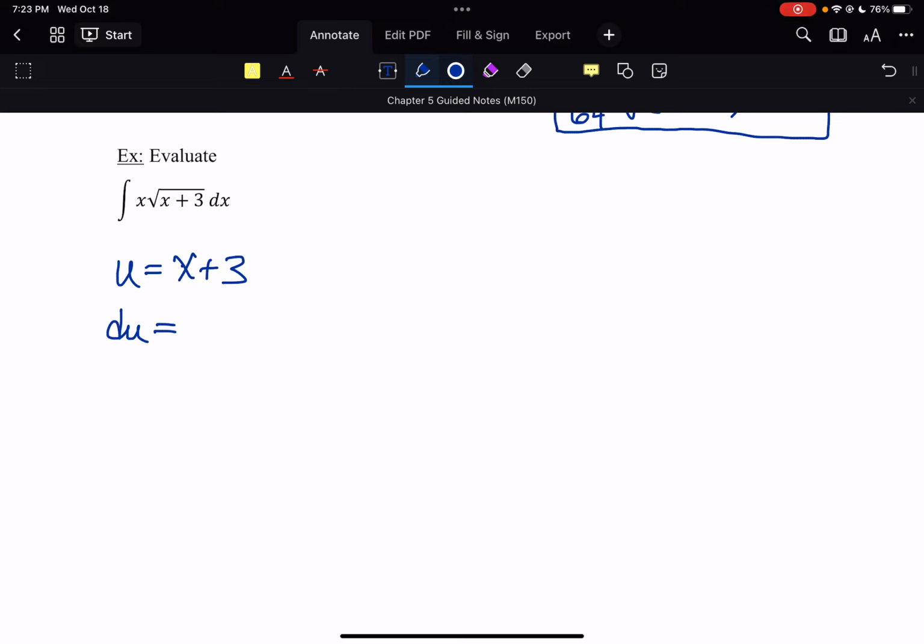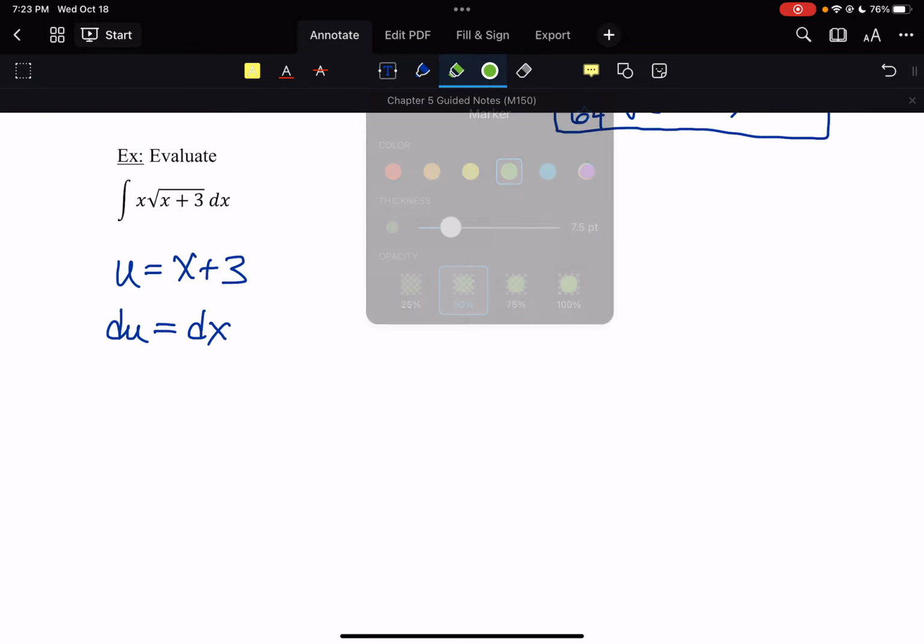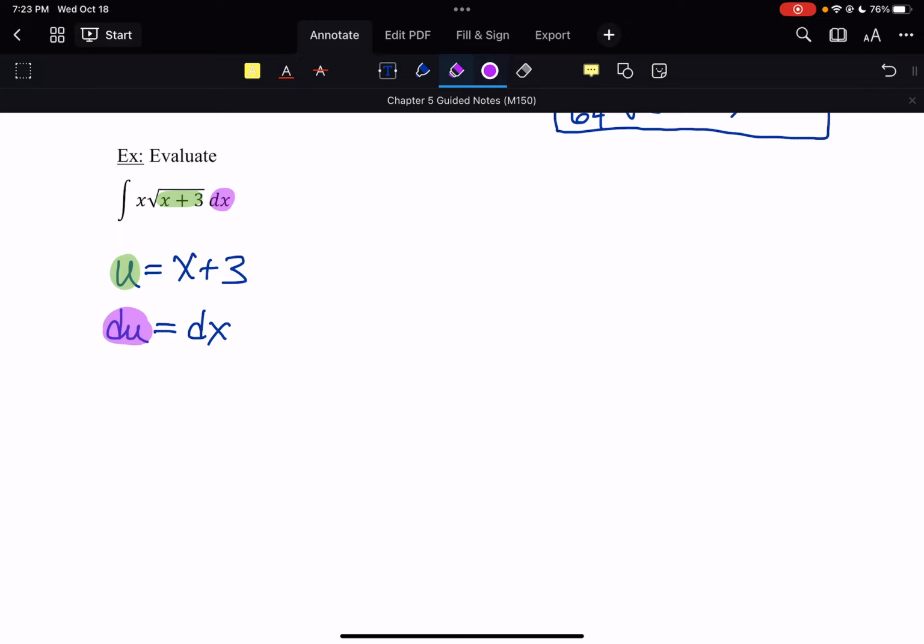When we do that, the derivative of x is 1, so it's just 1 times dx. So du is just dx. So we get u is the x plus 3. dx is getting replaced by du. And now we have an issue.